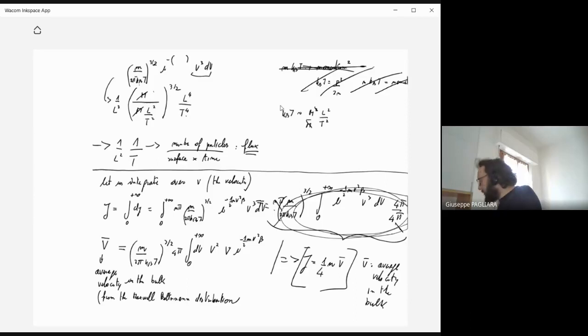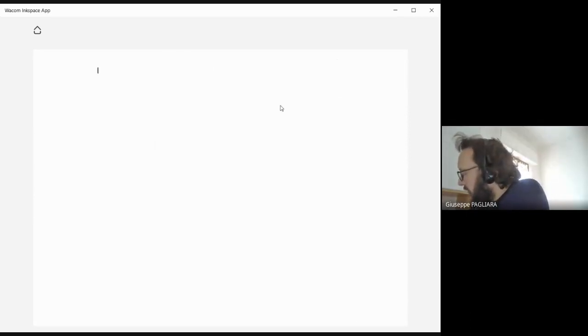Let's try to compute the average velocity so that we have an expression for that. So the average velocity, we said, is m divided by 2 pi kBT to the power of 3/2. Then I have 4 pi, which comes from the solid angle.